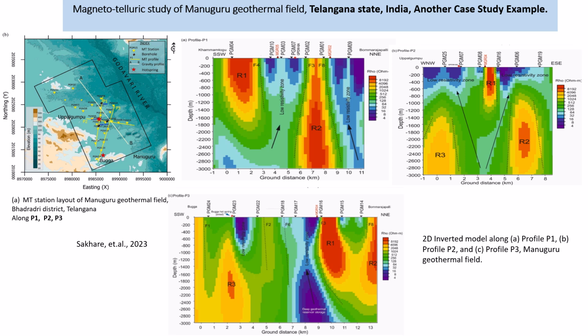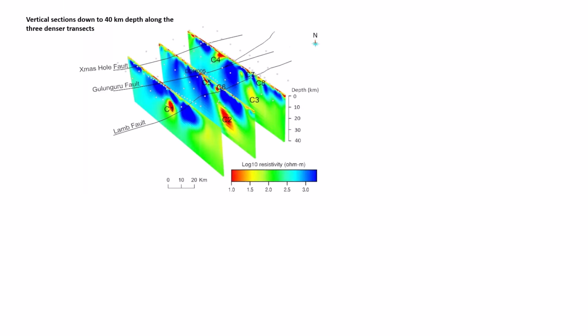Notably, there is a very low resistivity, 4 ohm meter, highly conductive zone at a ground distance of 8 kilometers, obtained by inverting the resistivity section in the Manuguru geothermal field, which can indicate a highly geothermal heat province region.